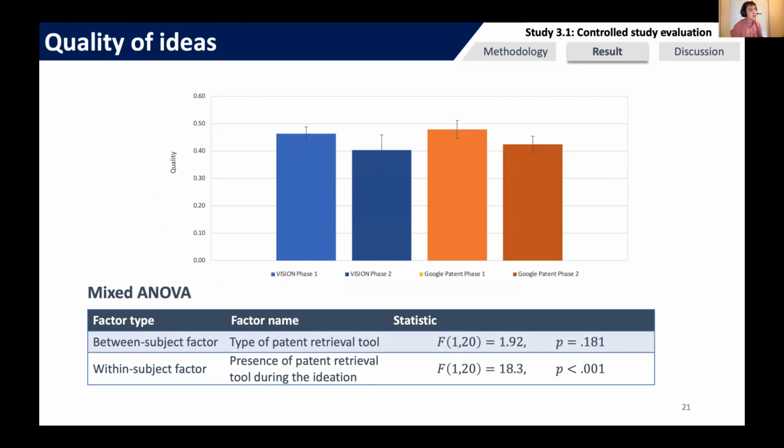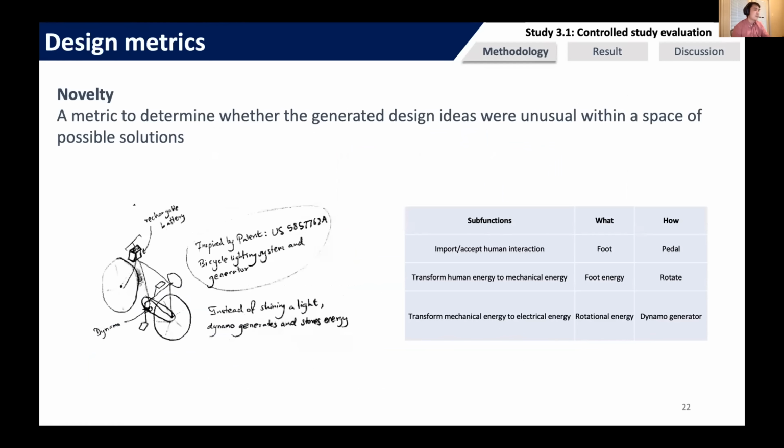For the quality of ideas, we found that there was no significant difference between the Bayesian condition and Google patent condition in the second idea generation phase. But we found that the quality of ideas significantly decreased when they were given the design tool. This was not expected, and I will discuss more about it in the discussion slide.